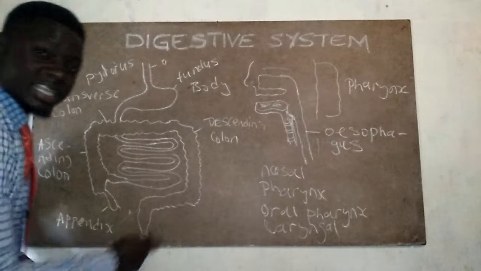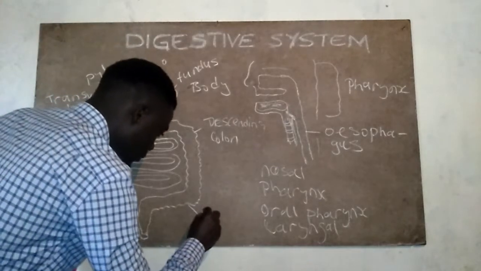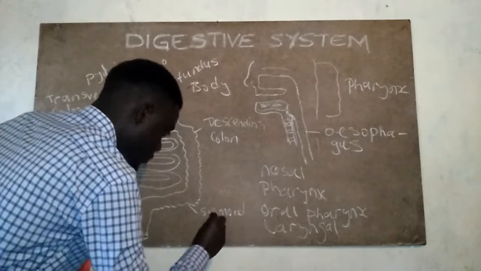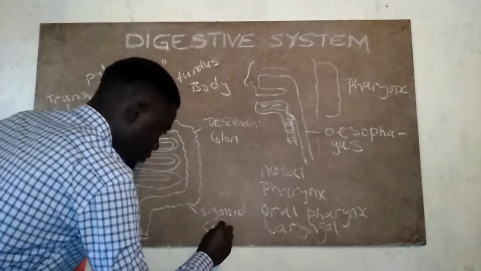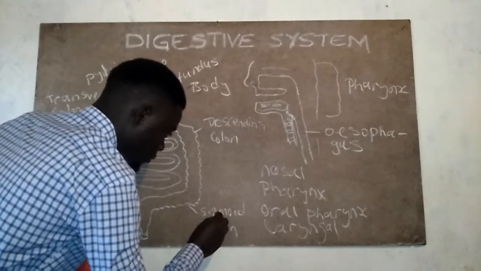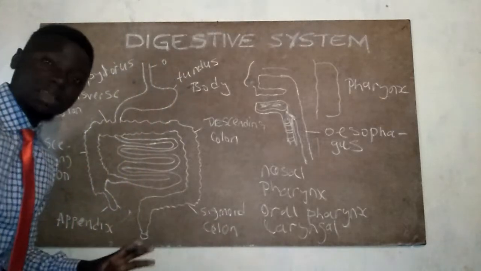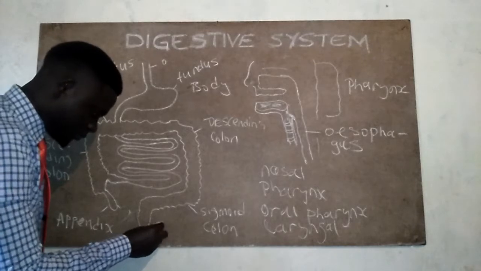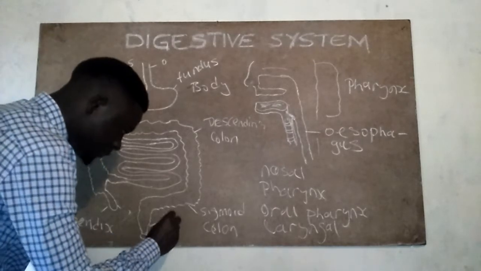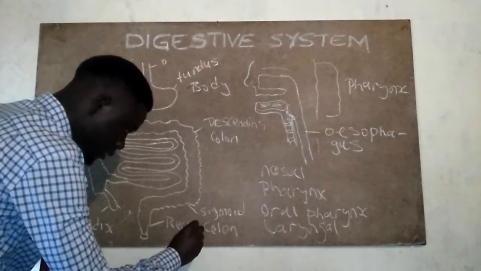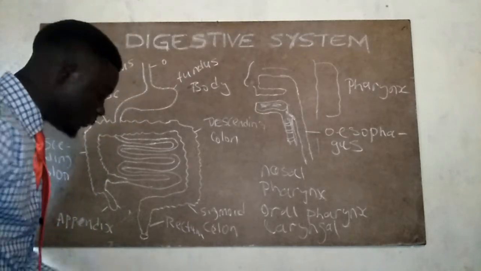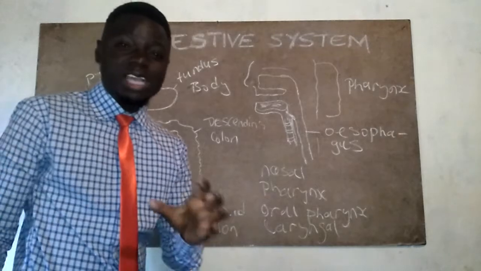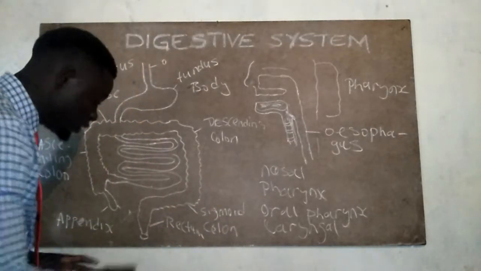This is the sigmoid colon. Of course, this is the sigmoid colon. And then we have the rectum, which is the last part of the large intestine. And then after that, we have the sphincter muscles, which is the anus.